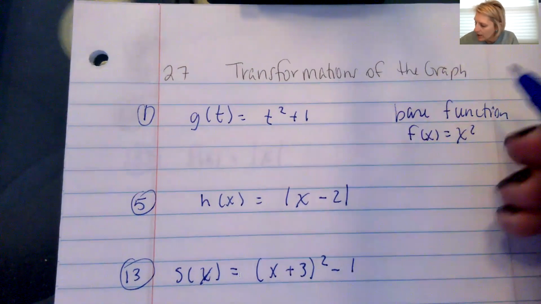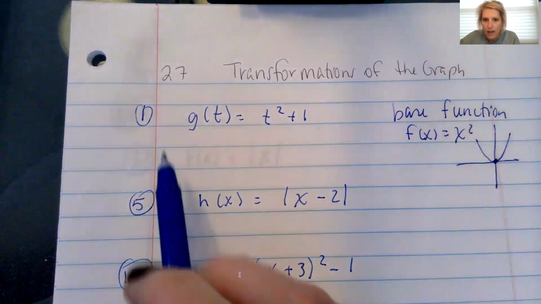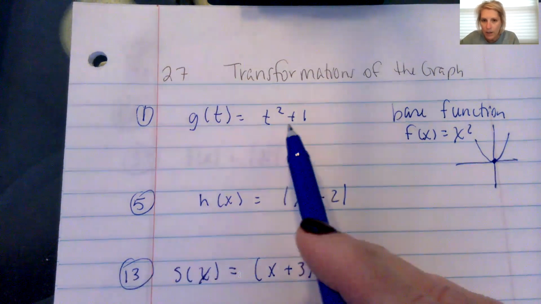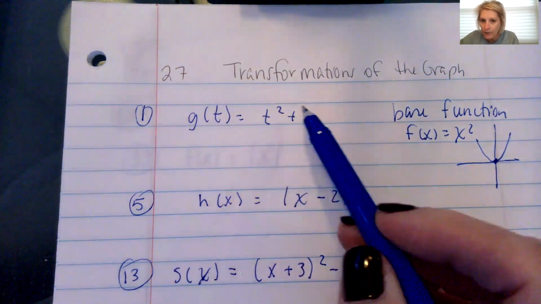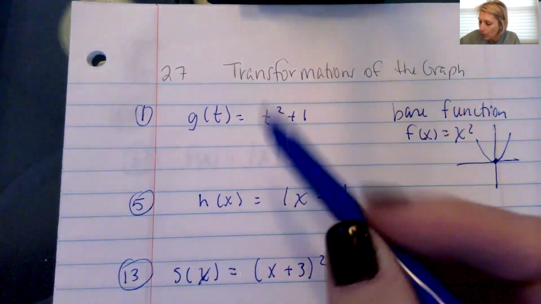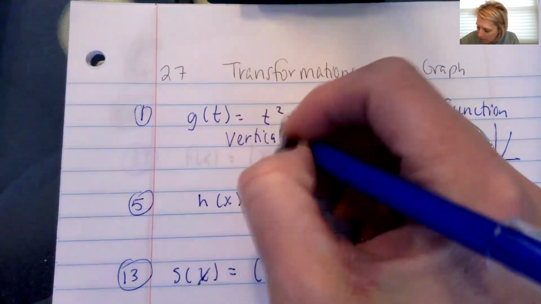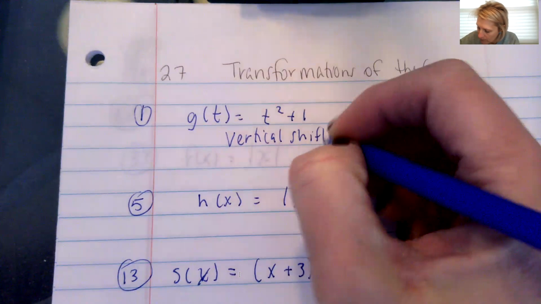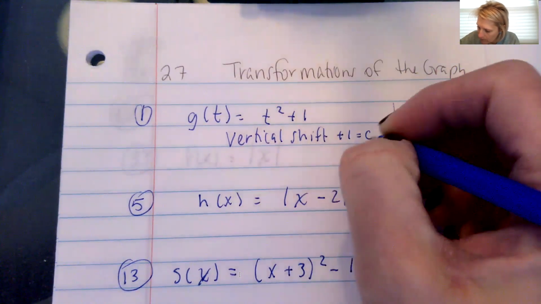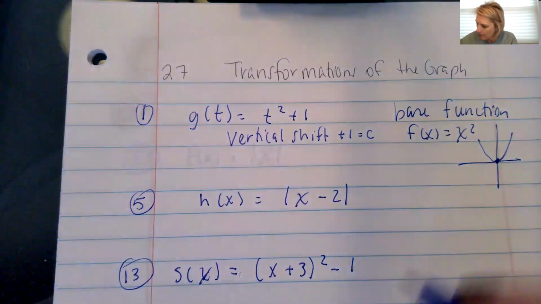That's the base function, an x squared function, which always starts at the origin. But this is going to be plus 1, and so it's after we've done the squaring function. So it's going to shift vertically 1. So a vertical shift plus 1. That's what C is.